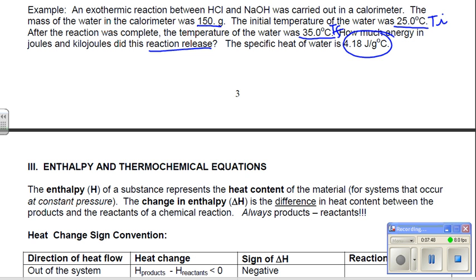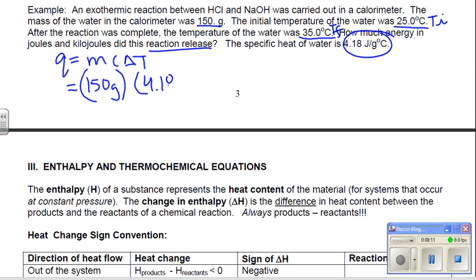Now, if you remember, our equation is Q equals mcΔT. Okay? Now, what I can measure from the information they gave me here is how much energy the water is going to absorb. So, the mass of the water is 150 grams. The specific heat of water is 4.18 joules per gram degree Celsius.